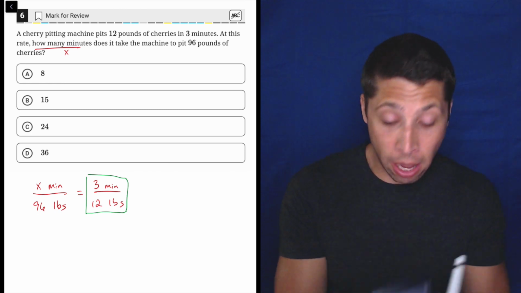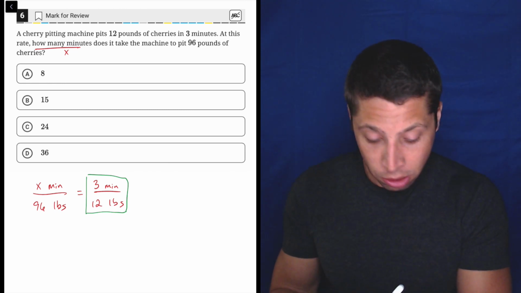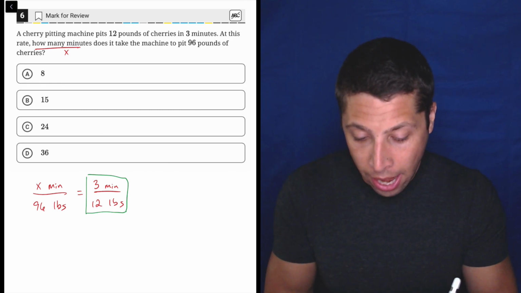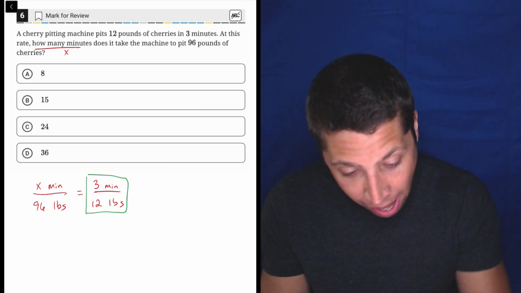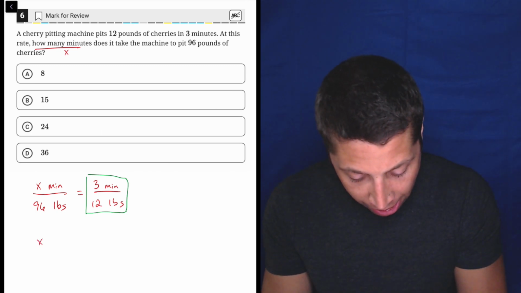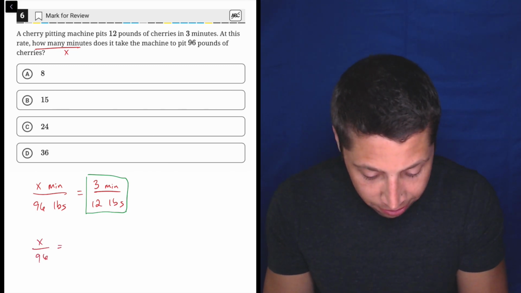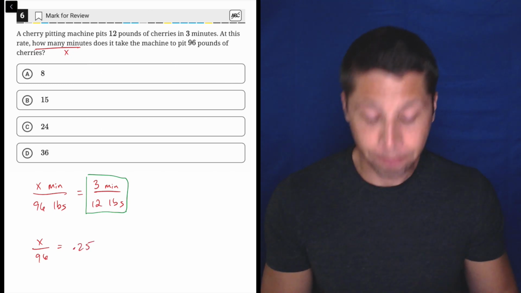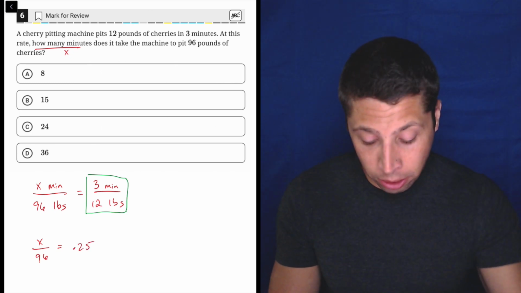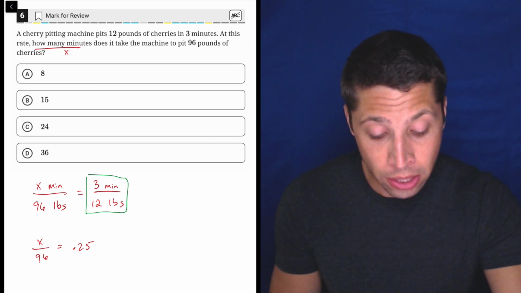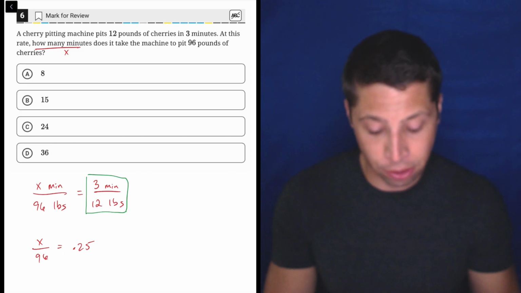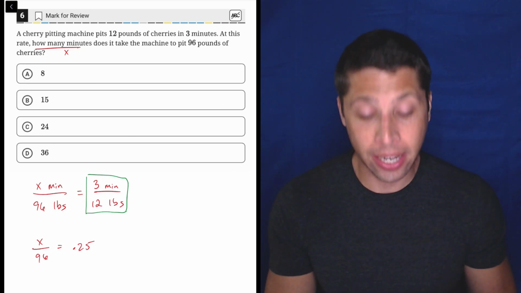So grab your calculator. It's okay for us to have decimals. So that's 3 divided by 12, and that is 0.25. So let me rewrite this now. x over 96 is equal to 0.25. Now, our general rule in algebra is to get x alone, right? So x right now is being divided by 96.